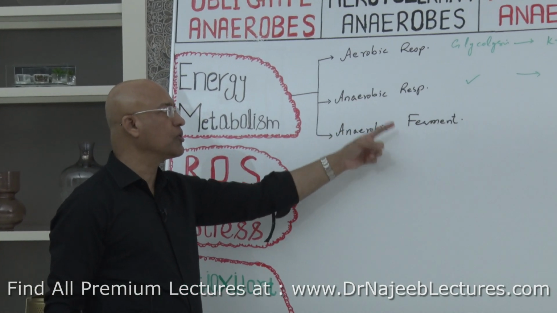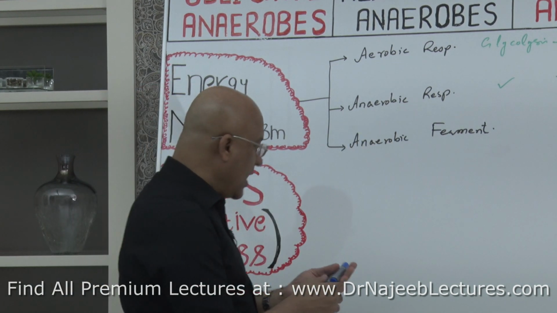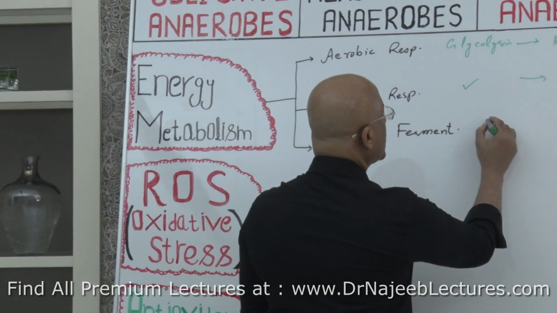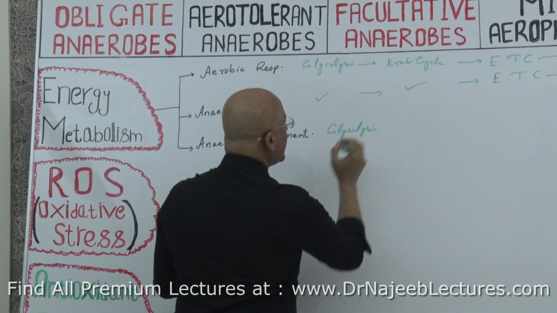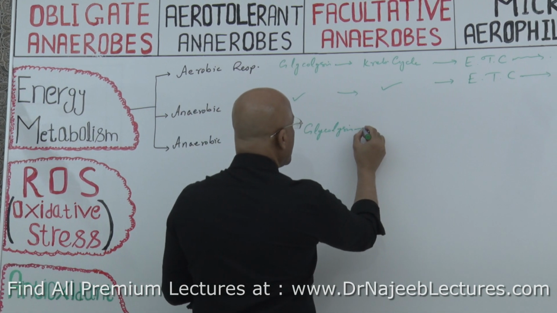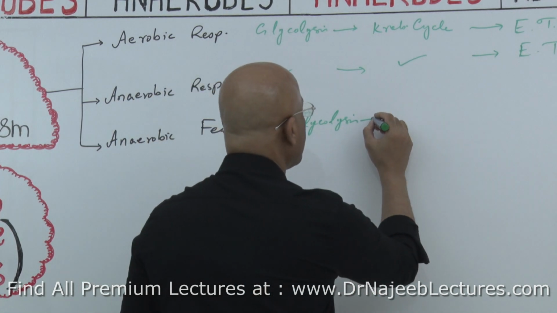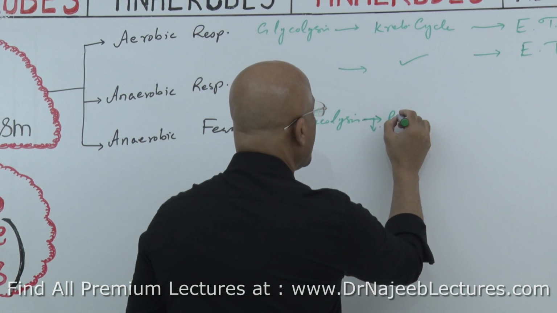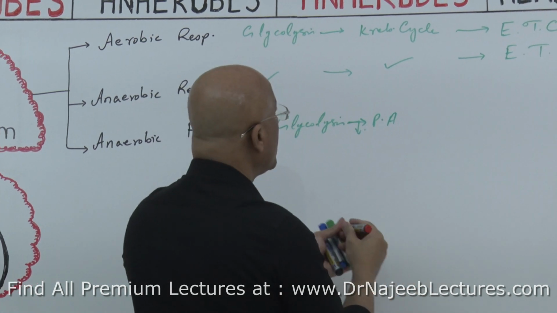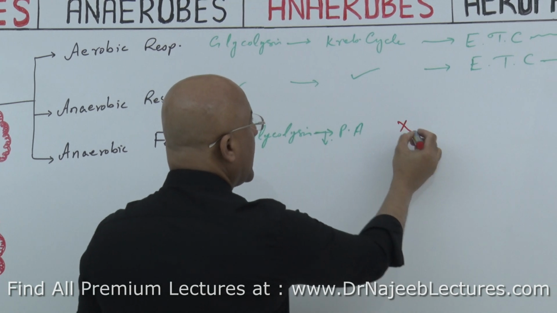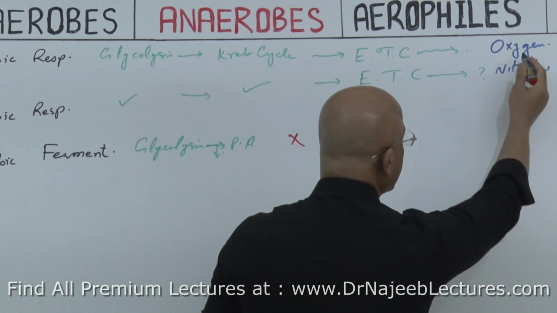The difference is that in fermentation, glucose goes through glycolysis up to pyruvic acid or pyruvate, but there is no Krebs cycle and no electron transport chain, and of course no utilization of oxygen.